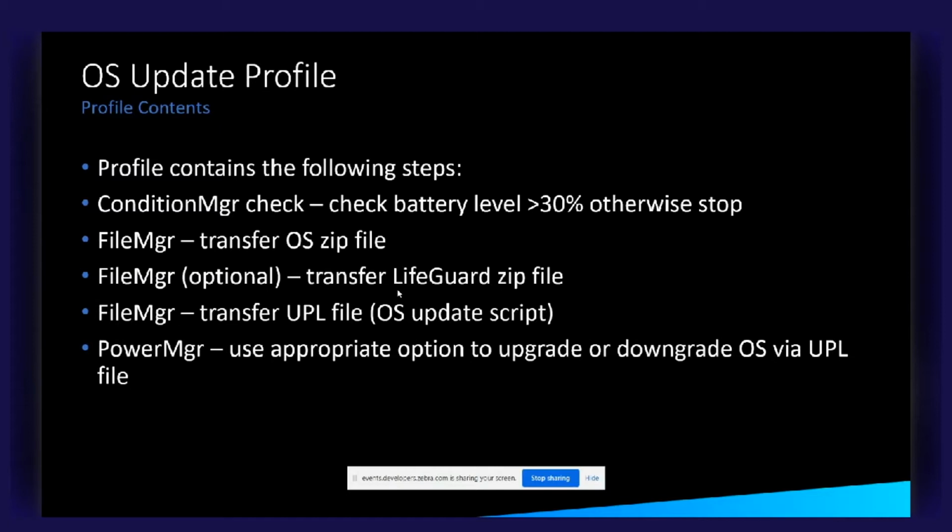And then the third file manager step transfers the UPL file, which is basically the script file. It just really has the names of the different zip files it needs to apply. And then finally, the last step is the power manager call to either upgrade or downgrade the OS using the UPL file that you've already transferred. So that's basically the contents of the profile.